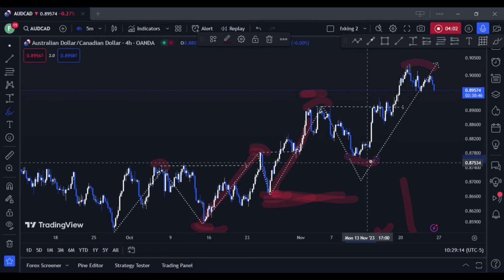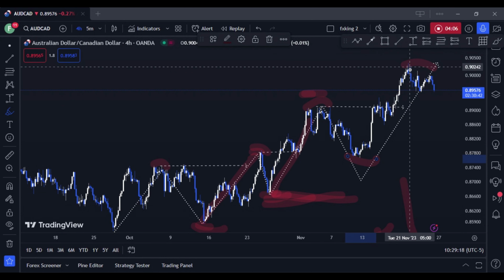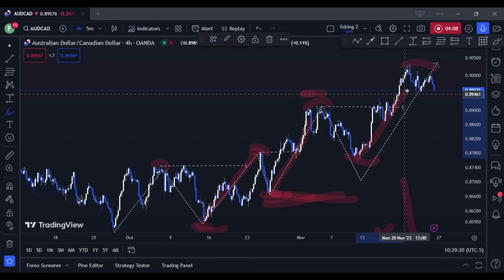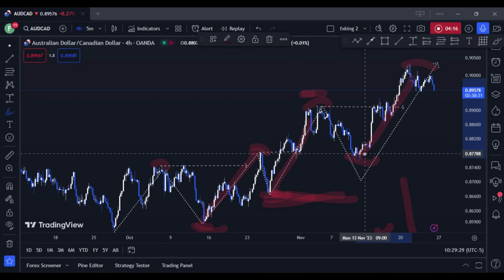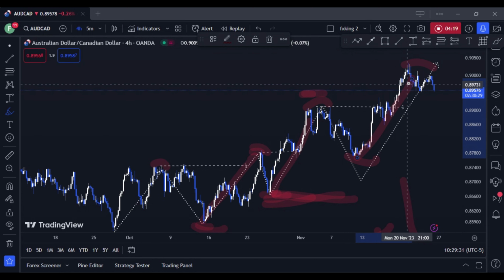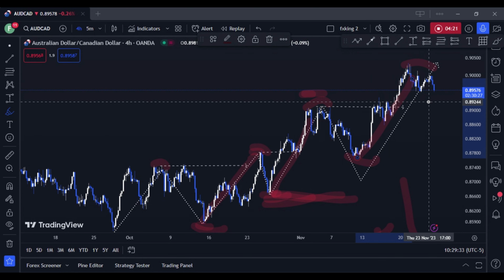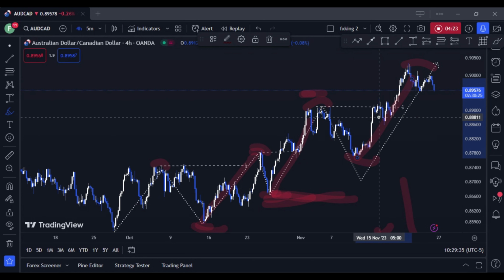So from this higher low to this higher high, this becomes our trading range. This is the most recent price. What we are looking for when choosing our point of interest is to choose it from this range.